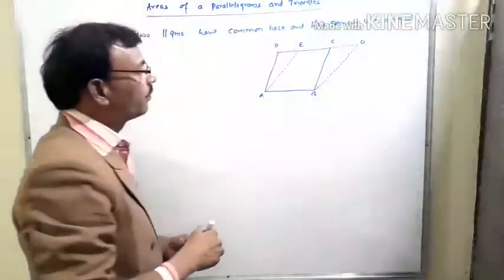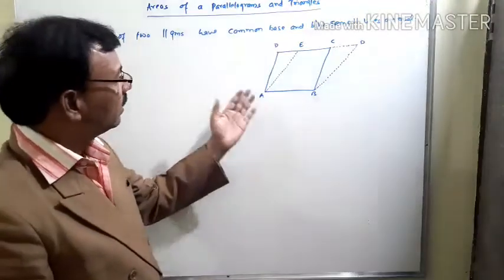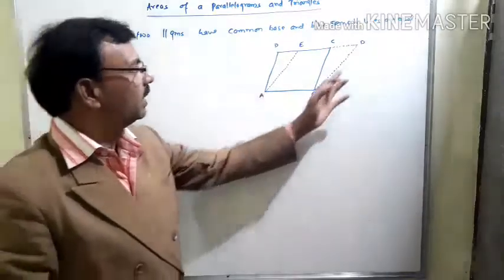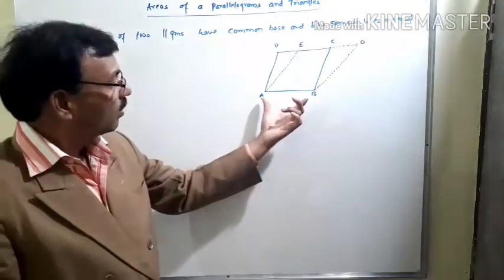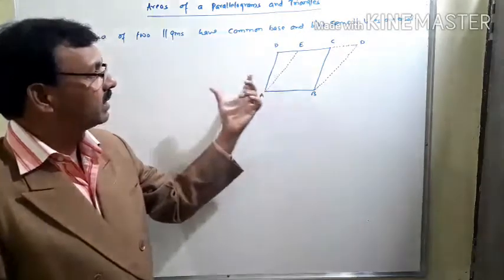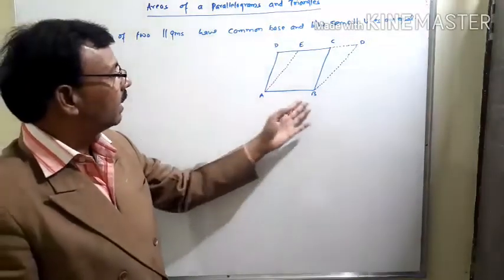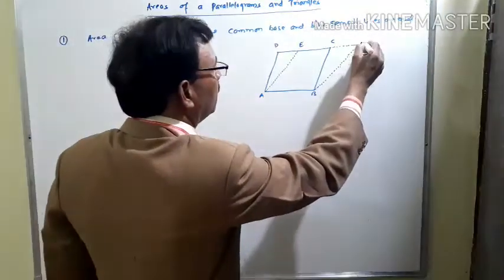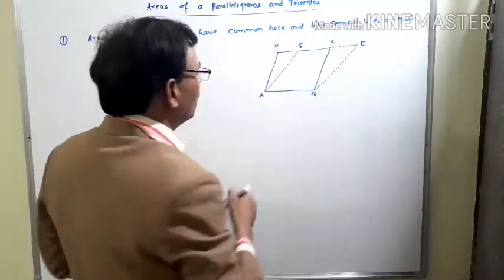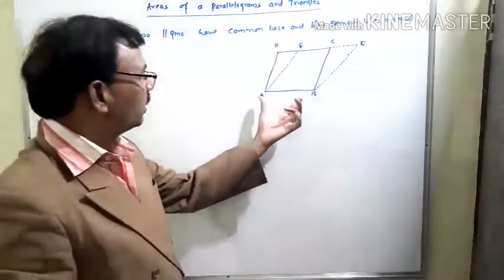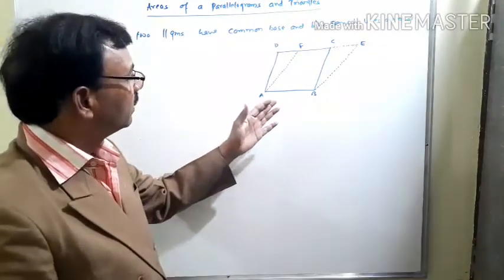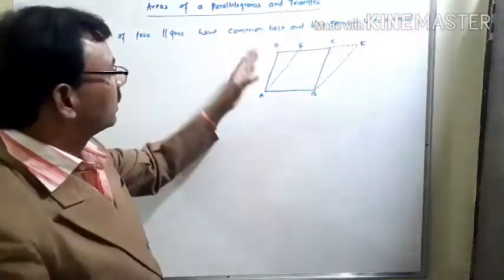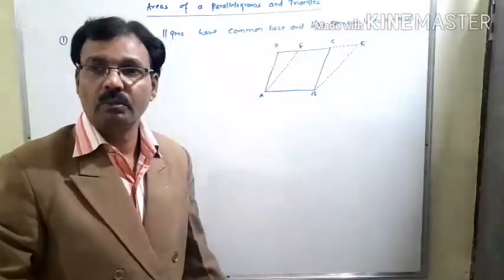As you see here, there are two parallelograms. The first is ABCD and the second is ABEF, whose common base is AB, and they lie between the same parallel lines AB and FE. Then according to this concept, the area of both parallelograms will be equal.